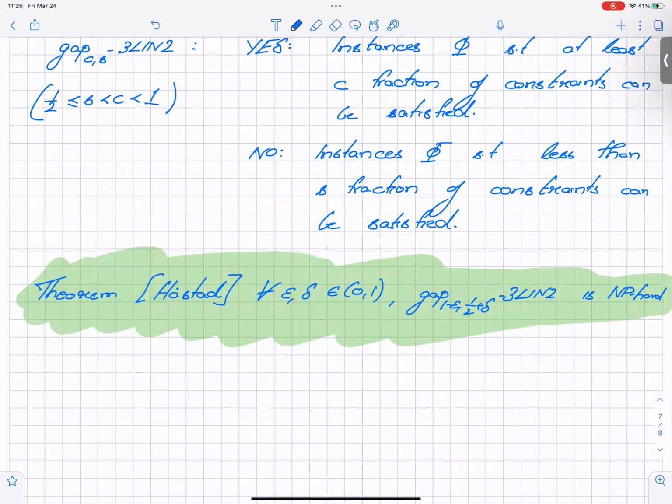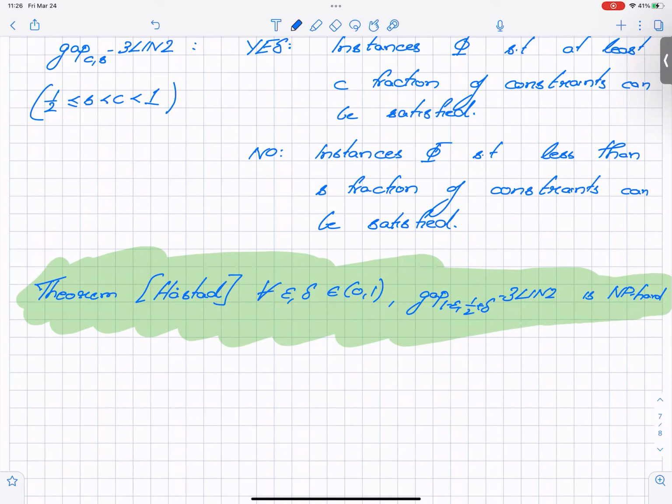Which basically says, given a set of these equations, it's going to be extremely hard for you to come up with an assignment that satisfies more than half plus delta. Half is easy. Anything better than that is going to be very, very hard.